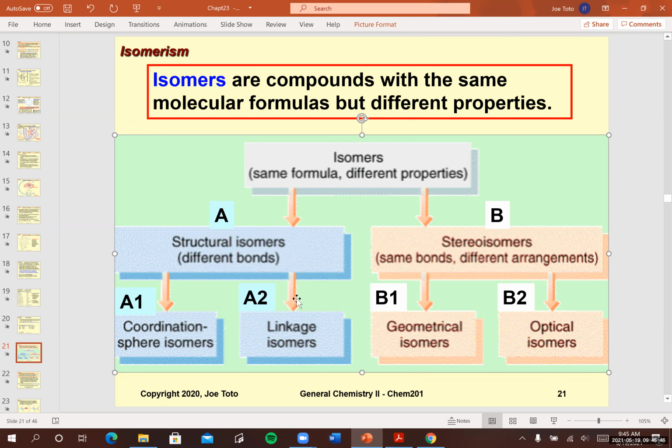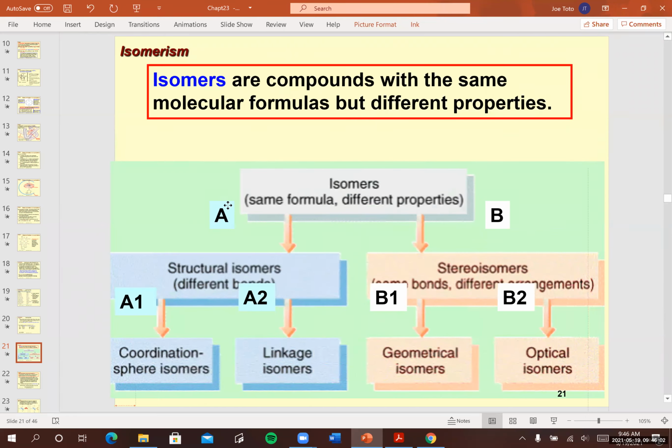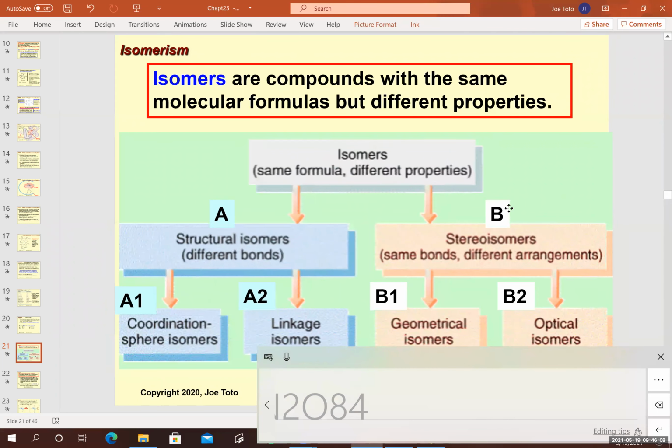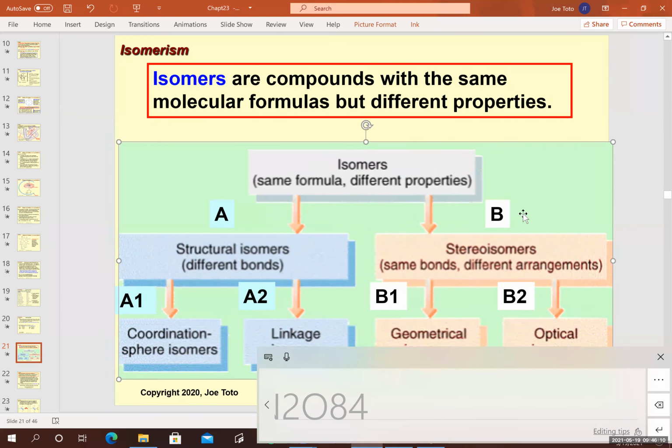No? Okay. So isomers have the same formula, but they're different compounds because they have different properties. Two subcategories are A, the structural isomers, and B, the stereoisomers.